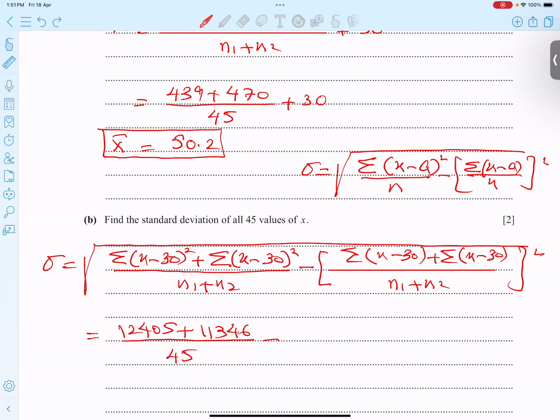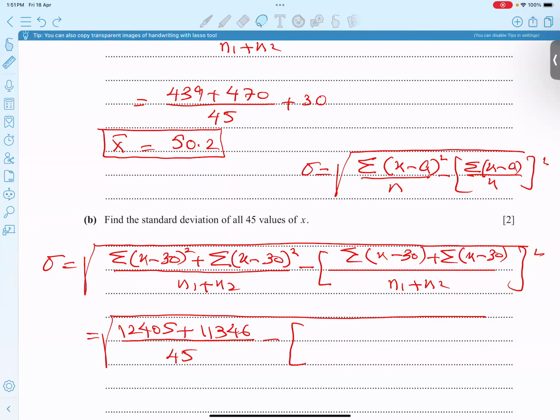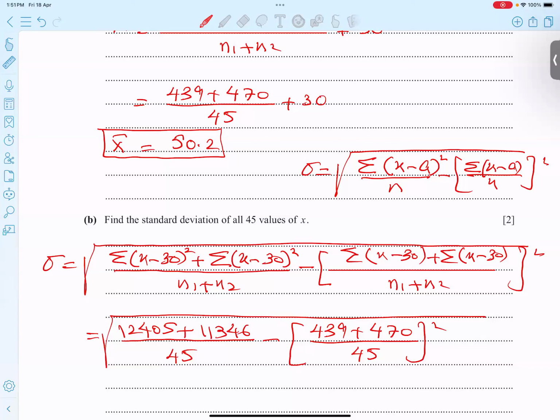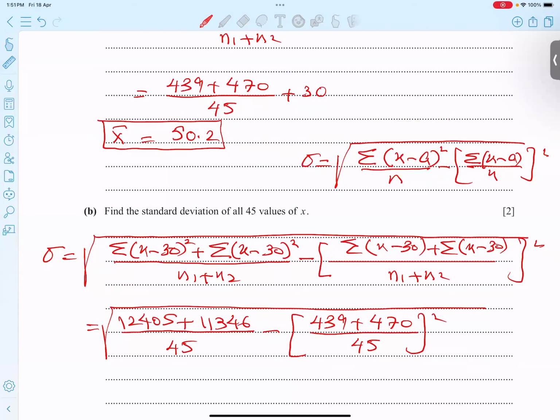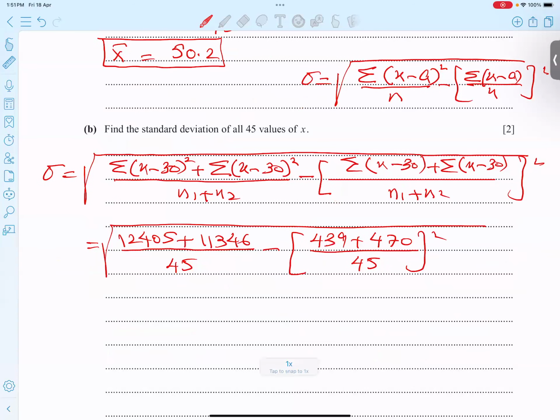Okay, so before I type in calculator, this value I'm copying here, better to save our time. And copy and paste here and take a power of this. So if I find the deviation of all 45 values, it turns out to be 10.9. I hope you got the point, and this question is completely over.